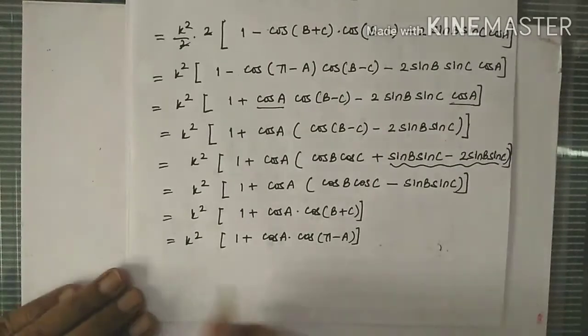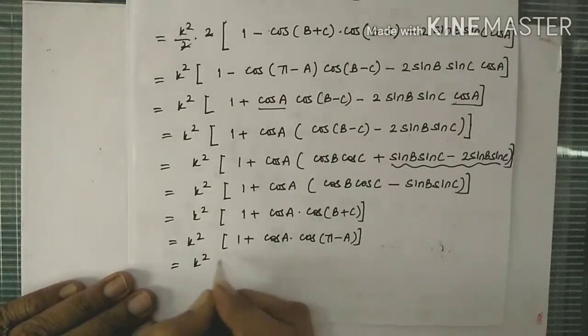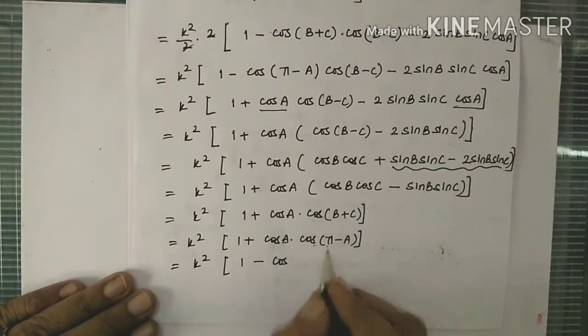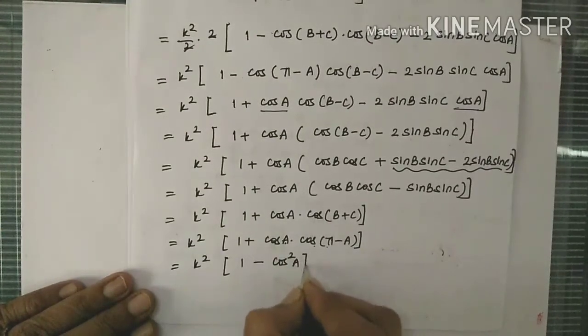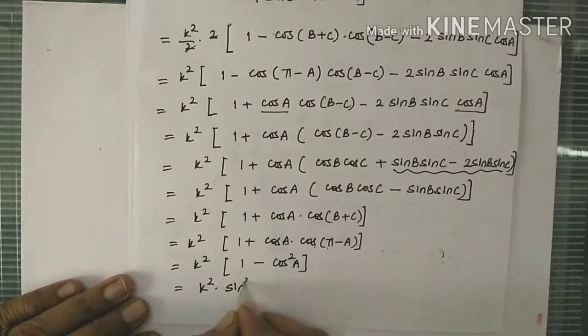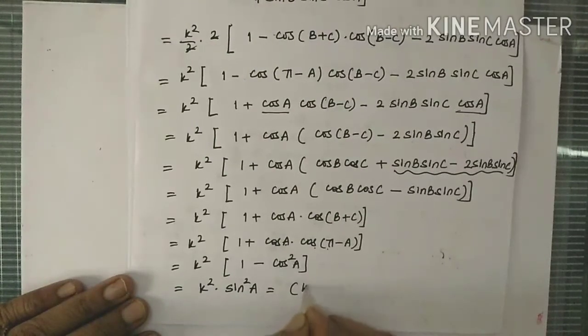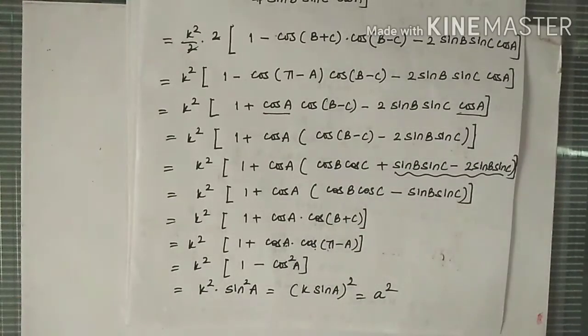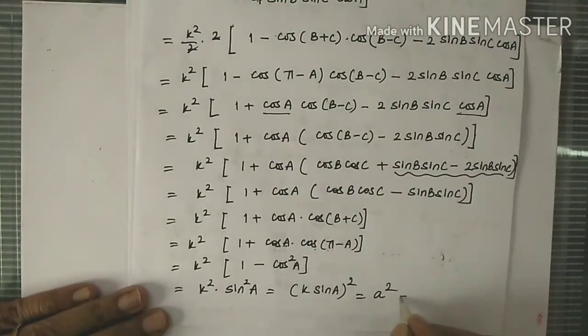As earlier we have used that cos of (pi minus A) is minus cos A. So K square, 1 minus this cos A, and this is also cos A, so that becomes 1 minus cos square A. But 1 minus cos square A is sin square A. So that is (K sin A) whole square. And by the sine rule, small letter a is K sin A. So (K sin A) square is a square. So that is what we have to prove.